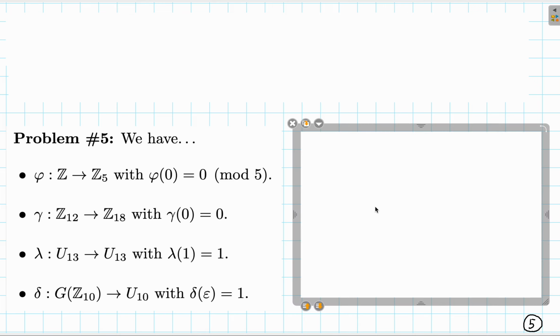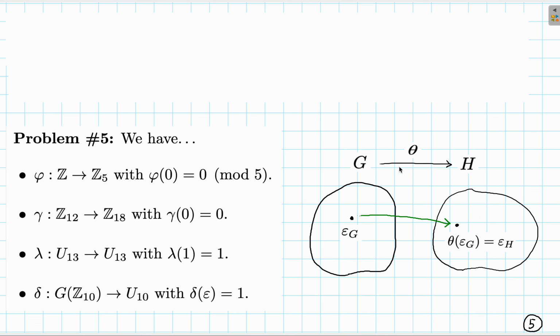So here's a visual depiction of that behavior. If we have a homomorphism theta from G to H, then it maps the identity element of the domain, epsilon G, to the identity element of the codomain, epsilon H. And we often say that theta preserves the identity.